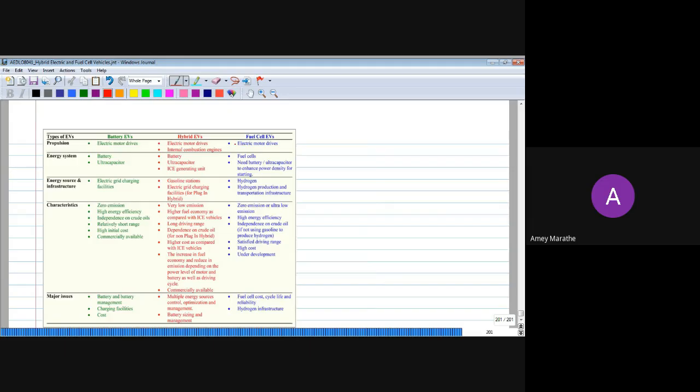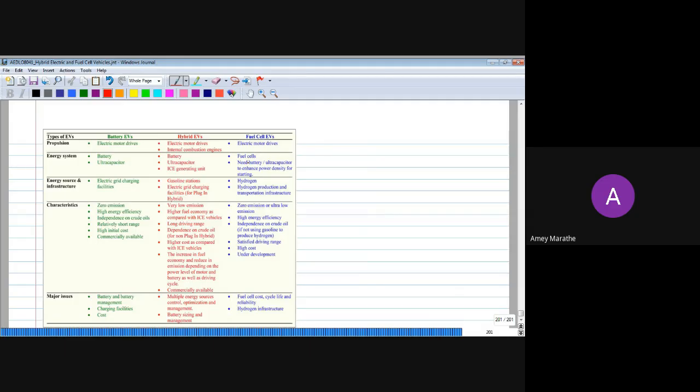In fuel cell, again, it is a pure electric motor drive, and that is why they are called fuel cell electric vehicles. For the energy system, in battery electric vehicles it can be either a battery or a combination of battery and ultra capacitor. In hybrids, it can be a combination of battery, ultra capacitor, and IC engine.